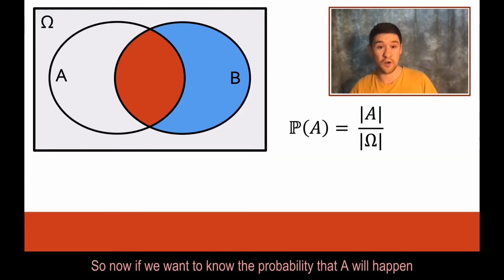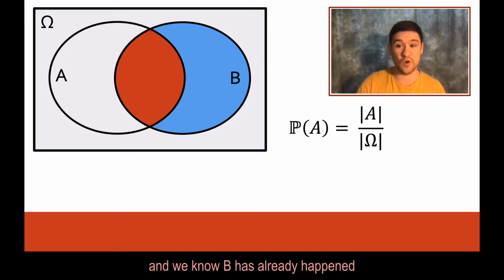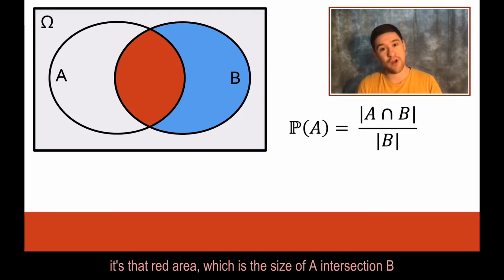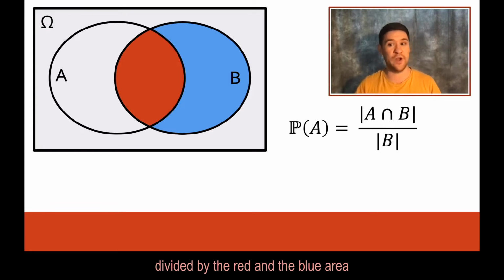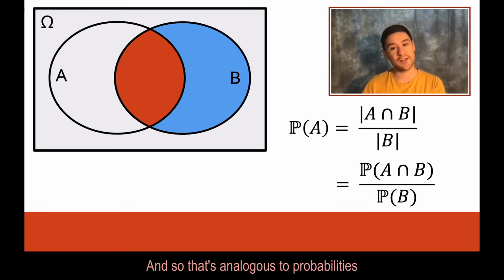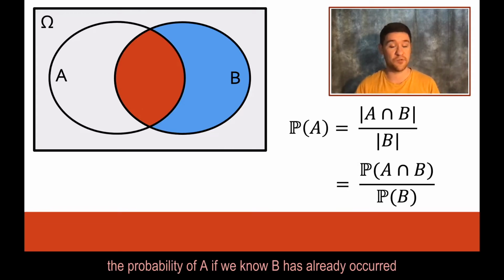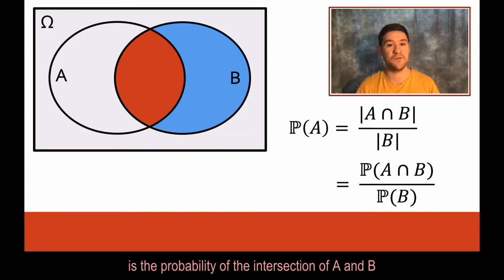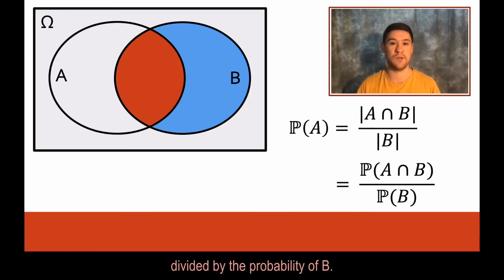So now if we want to know the probability of A happening, and we know B has already happened, it's that red area, which is the size of A intersection B, divided by the red and the blue area, which is the size of the event B. And so that's analogous to probabilities. The probability of A, if we know B has already occurred, if we are restricting our sample size to just B, is the probability of the intersection of A and B divided by the probability of B.